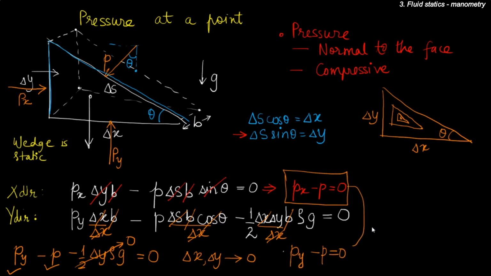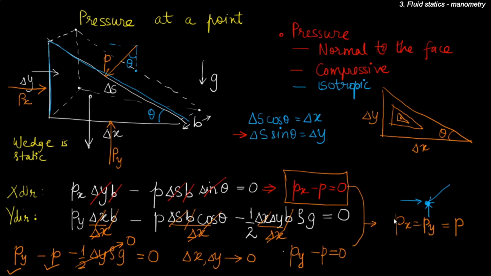So if we combine these two results, we have Px equal to Py is equal to P, which means that the force at a point does not depend on which direction it acts from. It means that the force due to pressure at a point is isotropic.